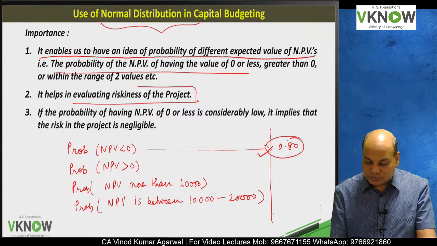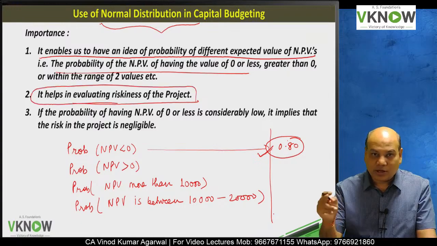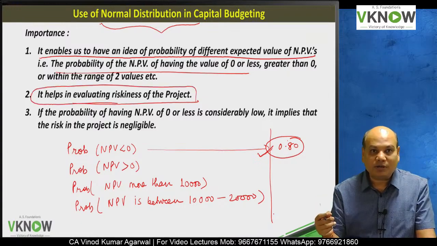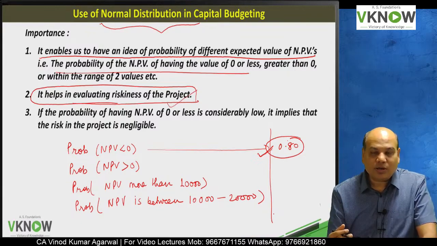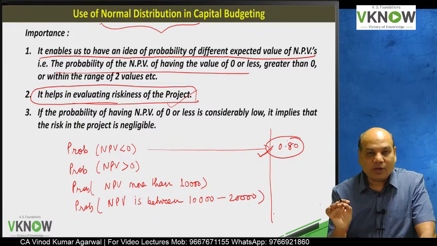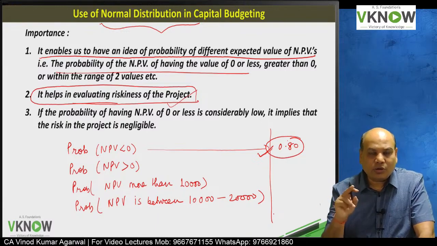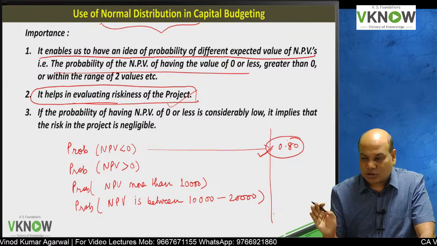What is the risk? Risk is that NPV will be negative, has an 80% probability, okay, and therefore according to your ability to take the risk, one may decide to start the project or not, or one may evaluate the project accordingly.